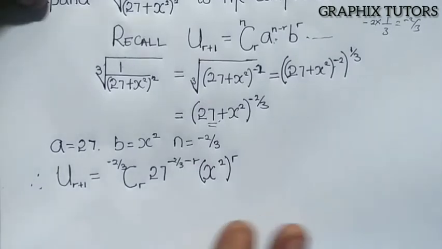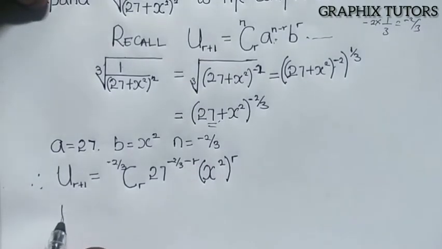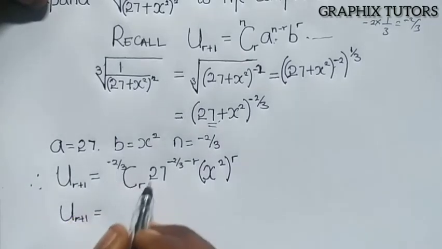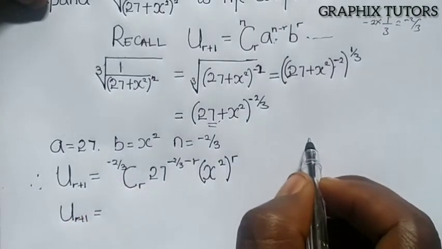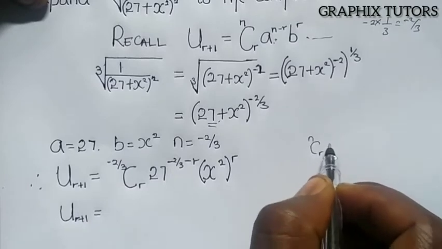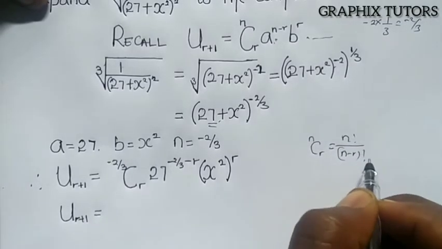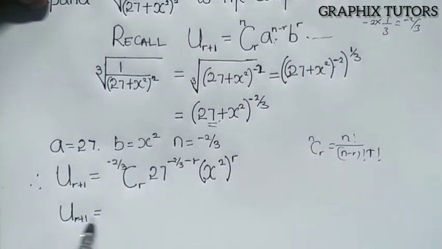So we'll proceed. Now in proceeding here, we have U_(r+1) equal to, with the formula of combination that says that n combination r is equal to n factorial all over (n minus r) factorial r factorial. So we apply this here.